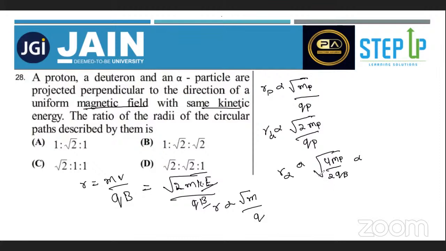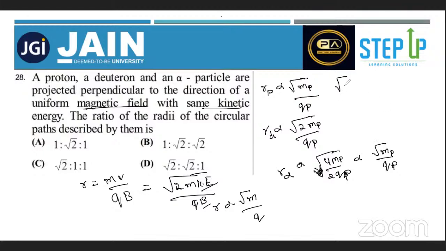So this is under root. So basically this will give me, this should come out of the root, so I'll get root over mp upon qp. This is the total thing I'm getting. Now you have to find the ratio of proton, deuterium and alpha.